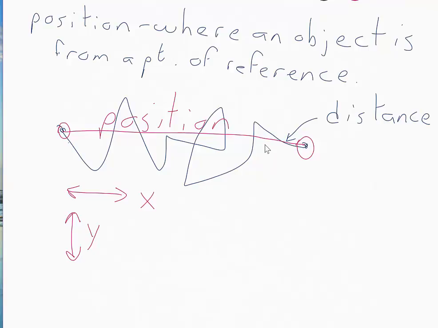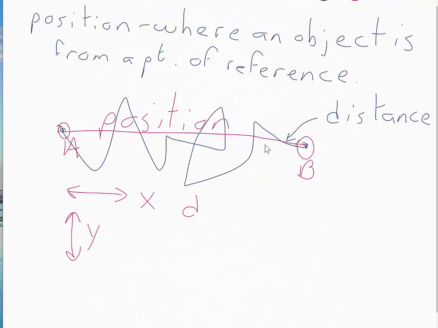Now, one of the other things that we want to talk about as well is our change in position. So what if we start here on the left at point A and we come over here to point B. We may very well have taken this path that I've labeled distance to get from A to B, but if I want to know that specific straight line distance from A to B, then it has a different word for it, and that is called displacement.